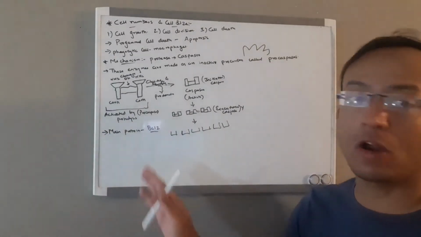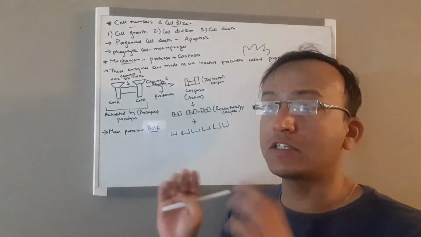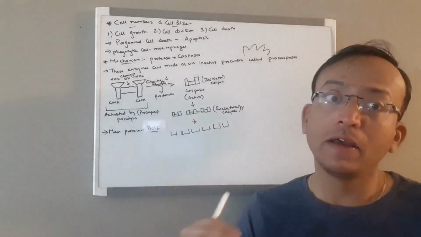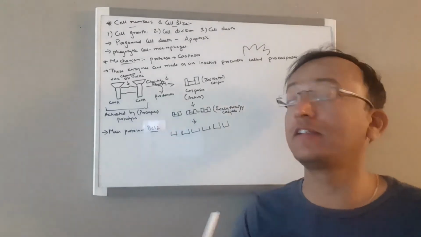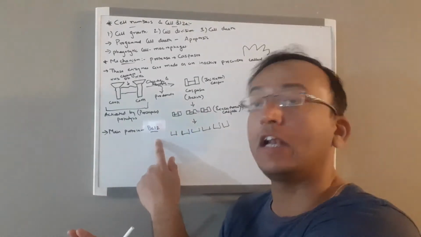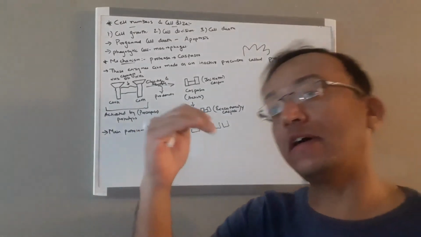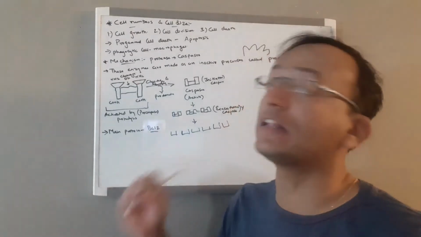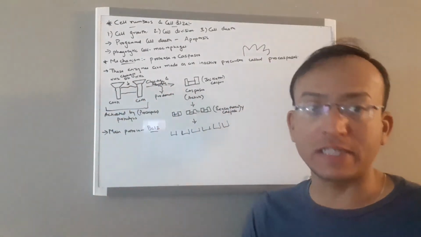Some members of this family promote caspase activation and cell death, whereas other members of the BCL2 family are inhibitory proteins that can stop or cannot promote cell death.